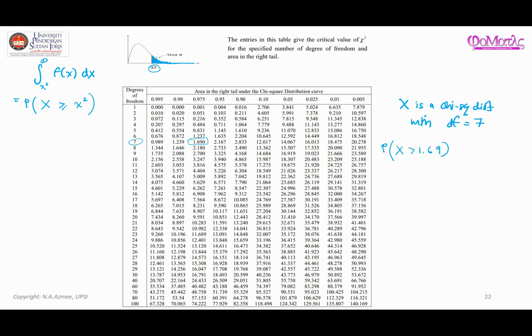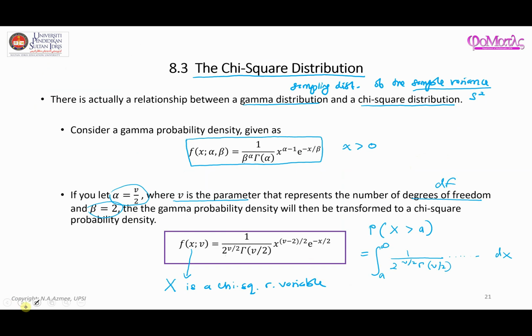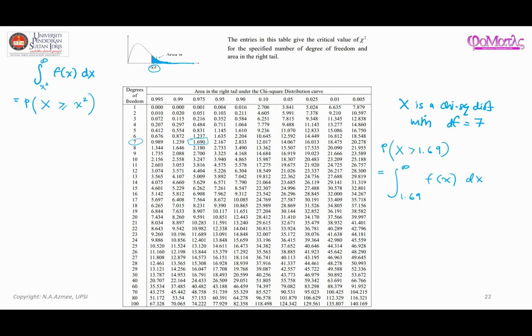It could be probability x greater than or equal to, it doesn't matter. So you're going to integrate from 1.69 until infinity of that probability density function given here. And the result that you get is 0.975. So that is the area, 0.975.